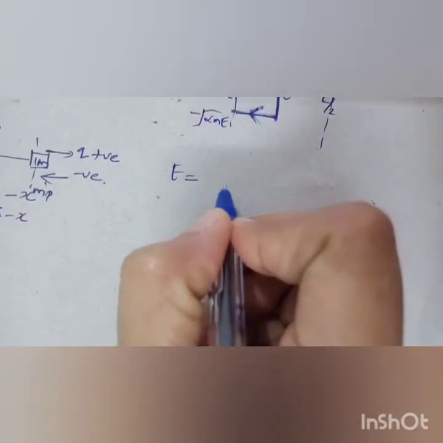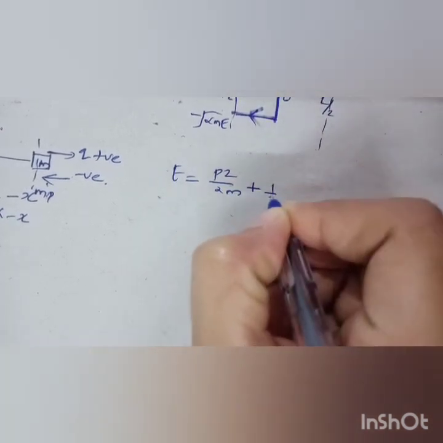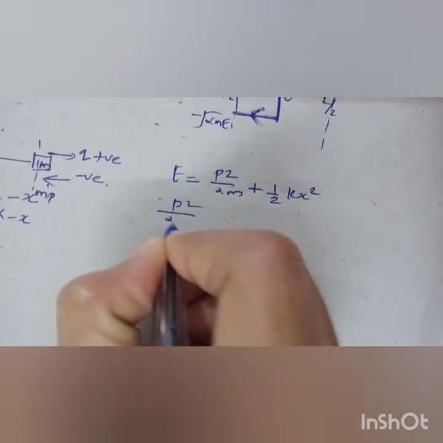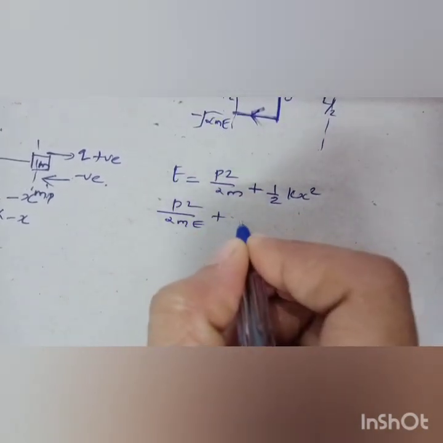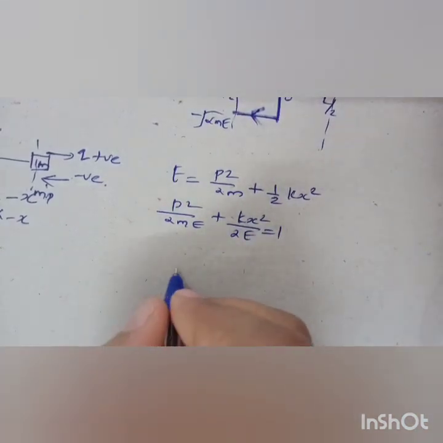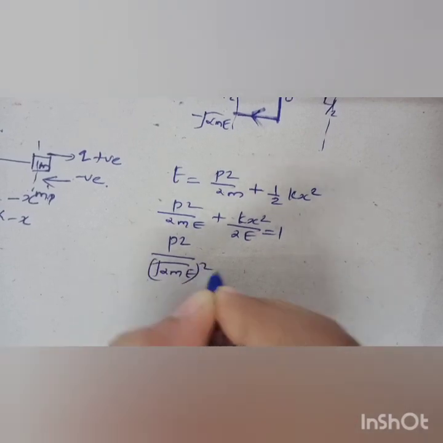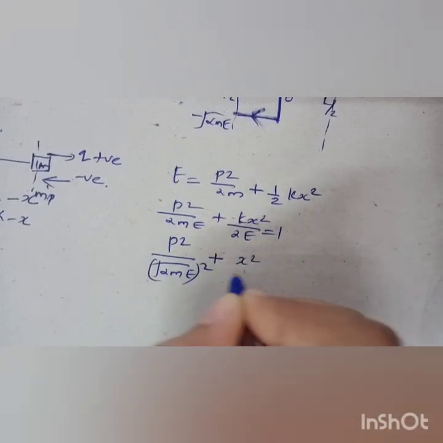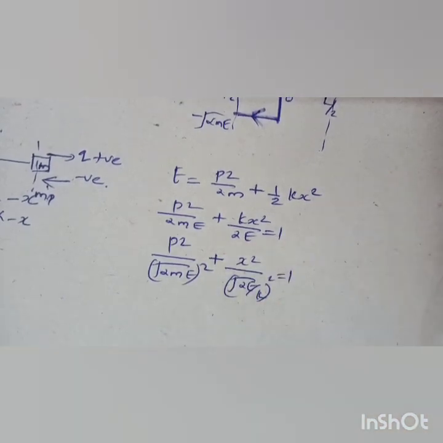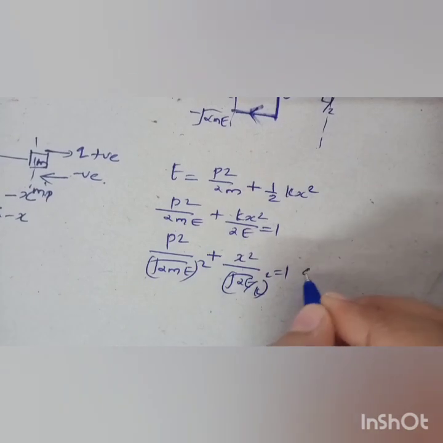We know that the energy for a linear harmonic oscillator is p square by 2m plus half kx square. So p square by 2mE plus kx square divided by 2E is equal to 1. So p square divided by under root 2mE all square plus x square divided by under root 2E by k all square is equal to 1. Why do we write this form? Because this is the form of an ellipse.